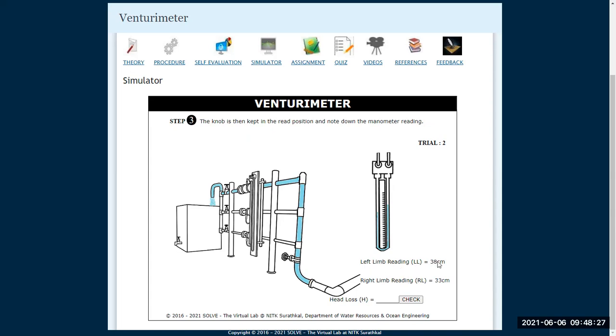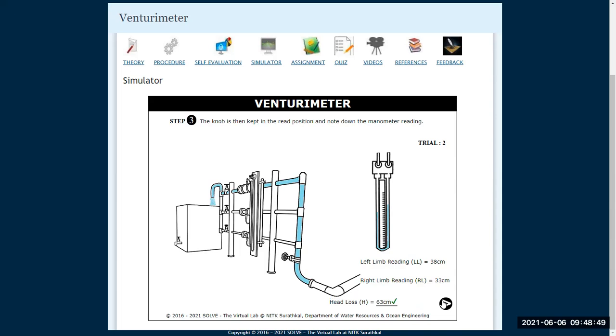It is showing 38 and 33. Again you have to calculate the head loss, that is H, 12.6 into left 38 minus 33. 38 minus 33 into 12.6, so you will get around 63. You have to put the answer, and it will show whether it is correct.